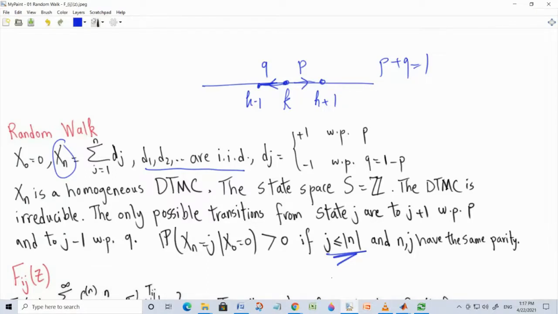Because if you start at the origin, the most you can do in the positive direction is to have all the steps equal to plus 1, and in that case you will reach n. If all the steps are minus 1, you go to minus n, but you cannot go further than that. So j is at most n in absolute value, and n and j have the same parity.